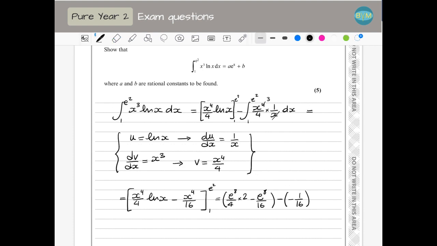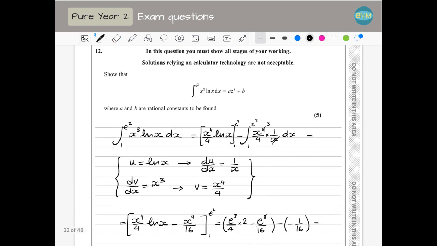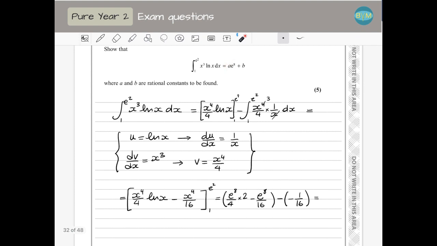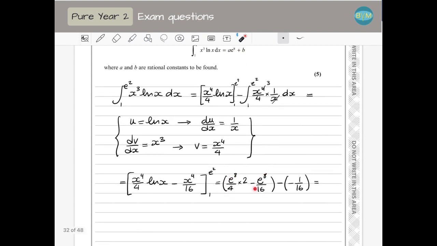Now I just organize, so it should look like a coefficient times e to the power of 8 plus another number. So I'm going to factorize. I have e to the power of 8 and I have 1/2 minus 1/16. 1/2 minus 1/16 is 7/16.